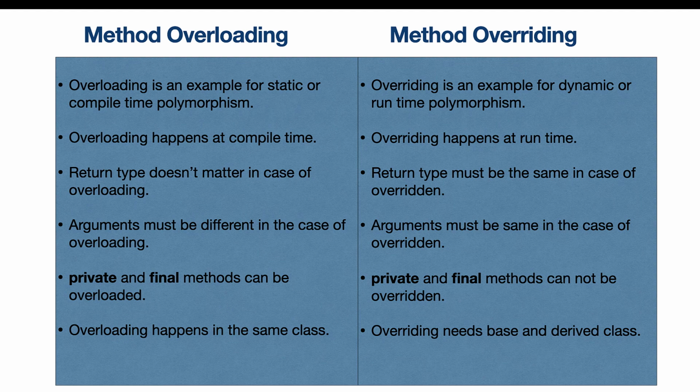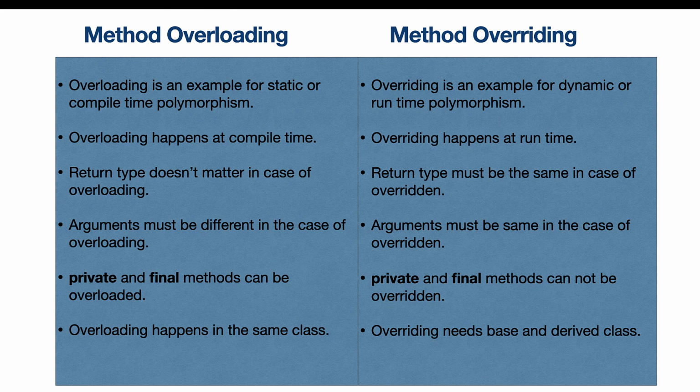Arguments must be different in case of overloading. If you keep the same arguments and the same method names in the same class, then it gives compilation errors. Arguments must be the same in case of overriding.